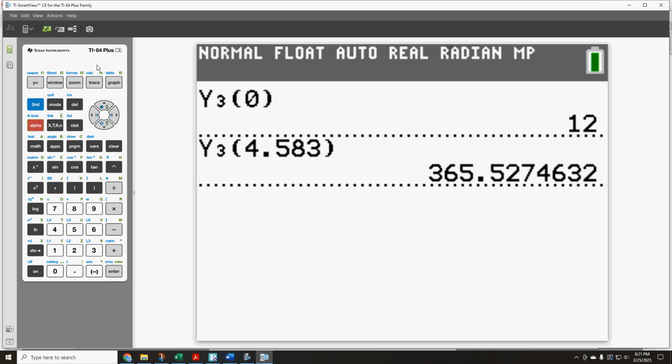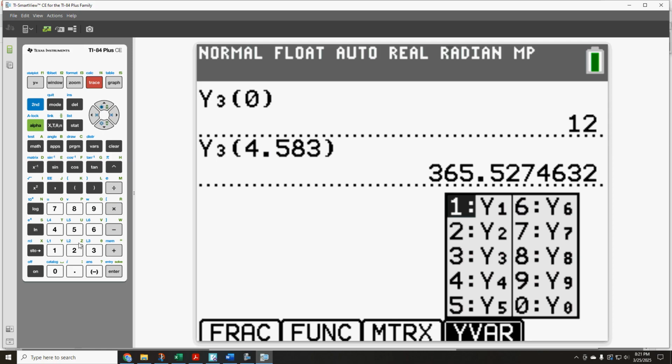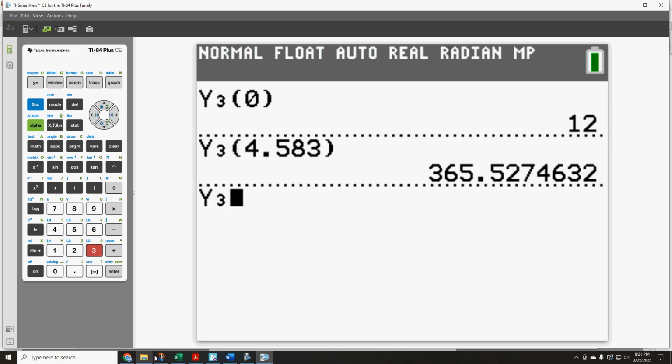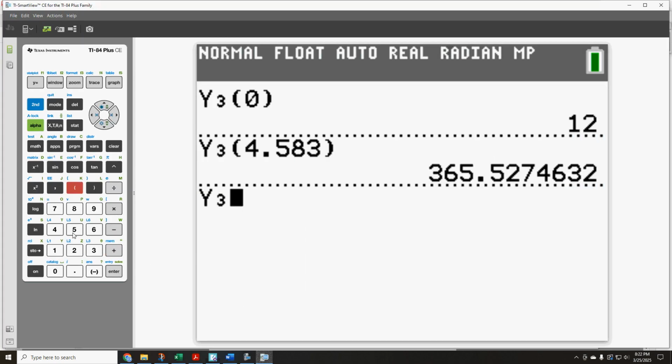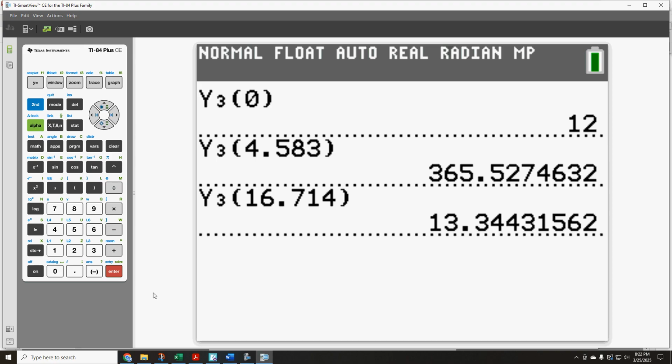Then I'm going to do alpha f4 y3, and the third critical point was 16.714. I close my parentheses, and that's the distance between them.